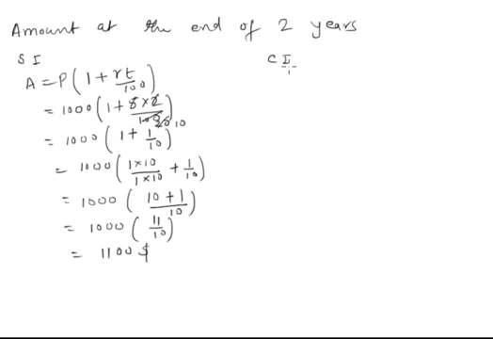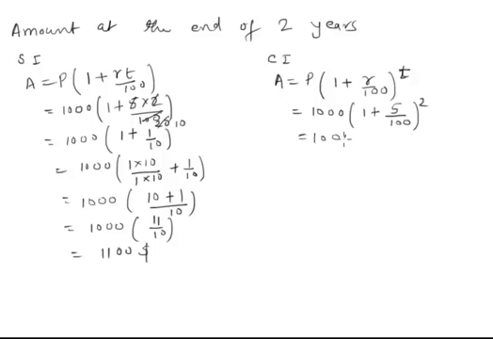If you're calculating it for compound interest, using the compound interest formula, the amount is A equals P times (1 plus R over 100) raised to T, with T being 2 years over here. So 1000 times (1 plus 5 over 100) raised to 2, that is 1000 times (1 plus 1 over 20) raised to 2.